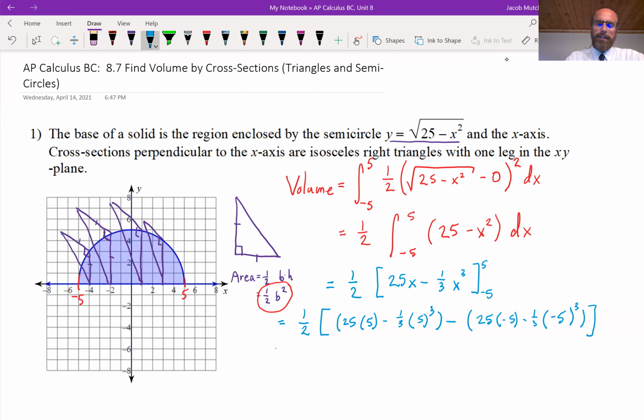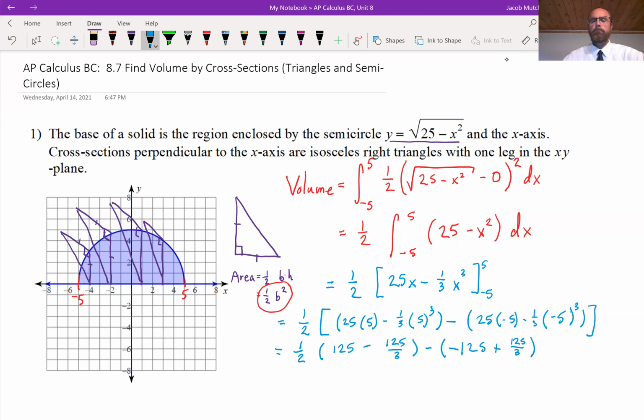Now we'll simplify. This is equivalent to 1/2 times 25 times 5, which is 125, minus 5 cubed over 3, which is 125 over 3. The second group is going to look very similar, but with the opposite sign: -125 plus 125 over 3.